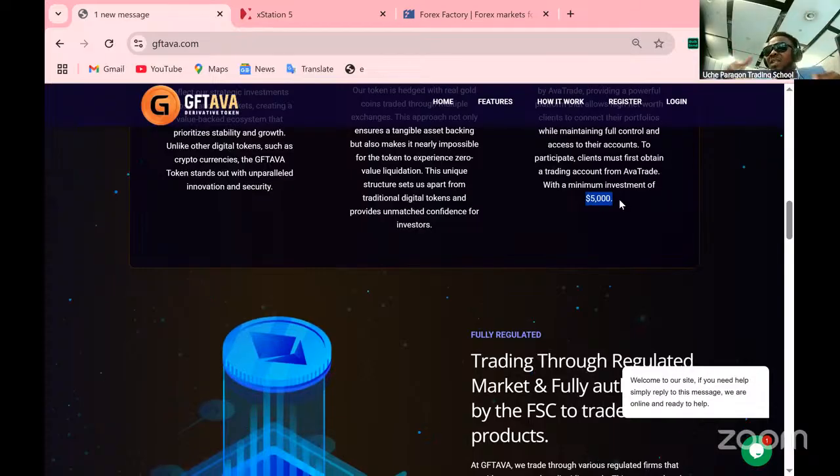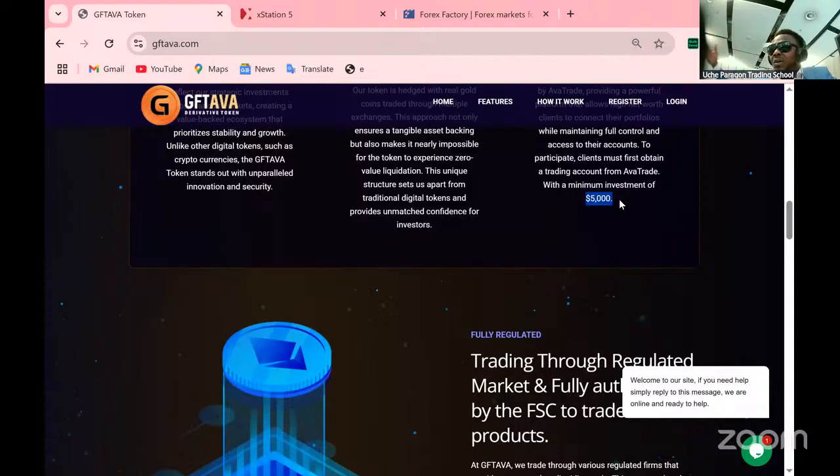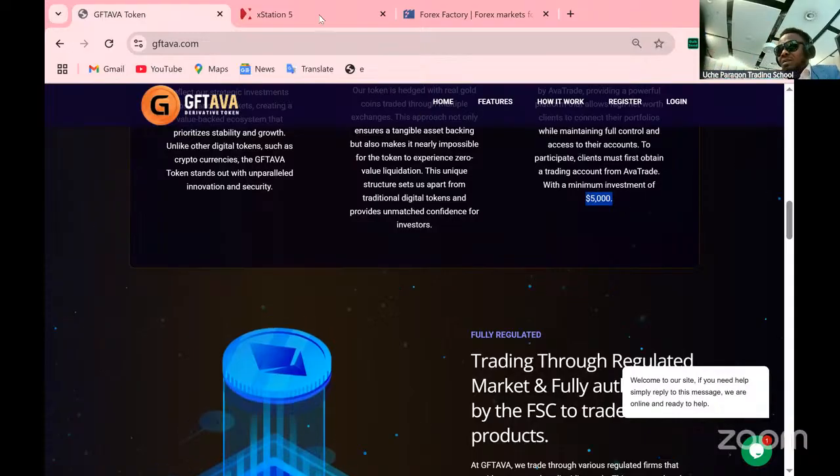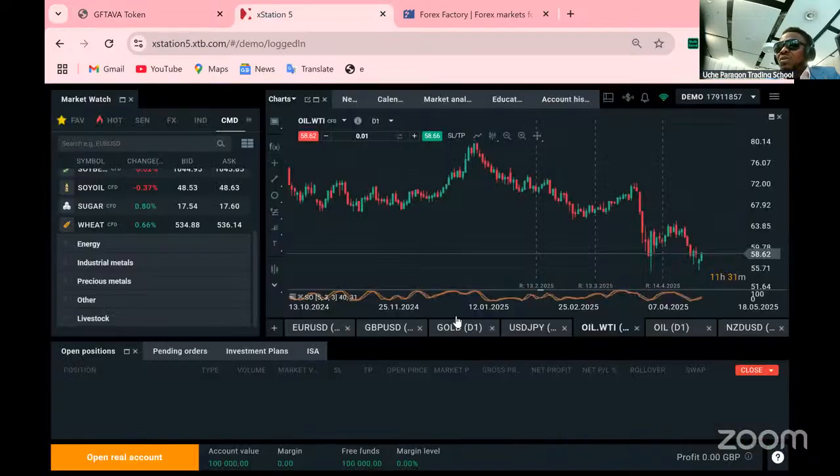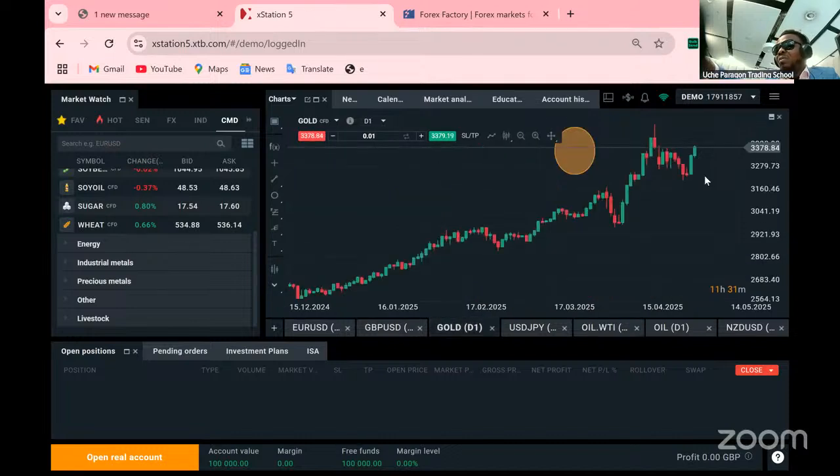Because for example, let's say they are holding a trade. For example, I trade on GFT, and I'm holding a trade here on gold. I've not closed it. Until I close it, it cannot be updated. Let's say your portfolio is linked to my execution. I bought it last week, for example. Until I close that trade, my own cannot be updated.